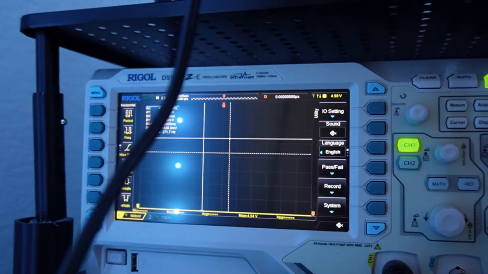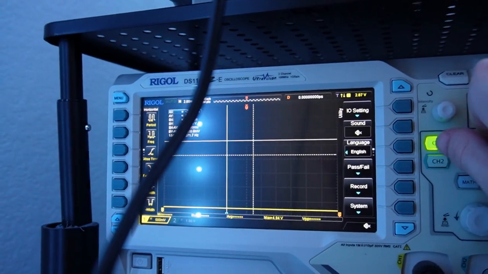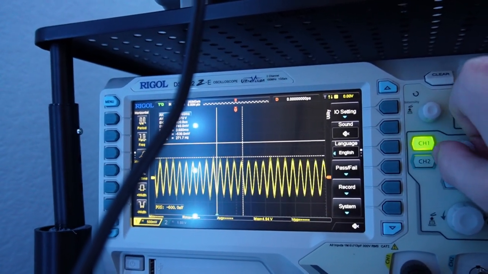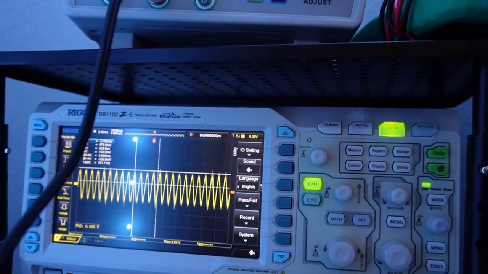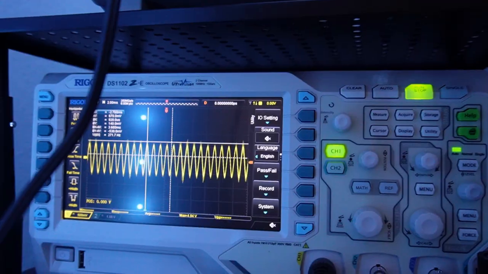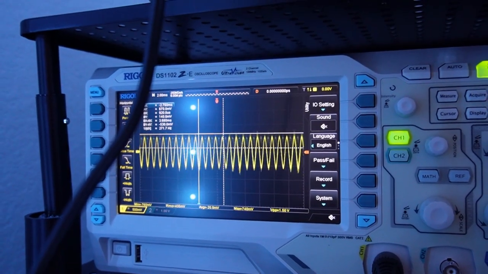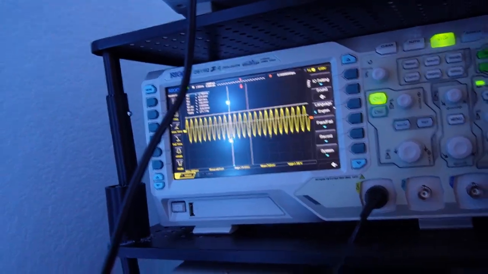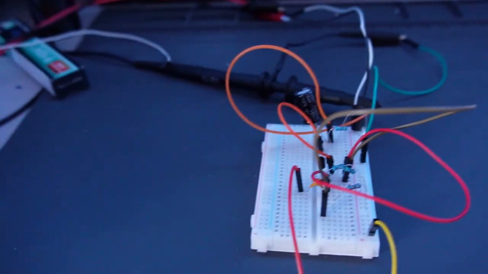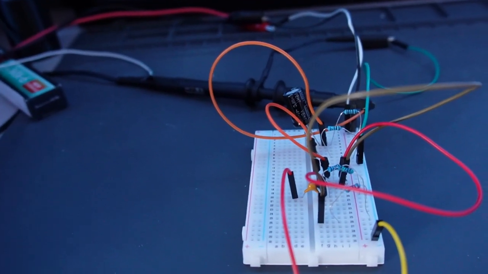Alternatively, I gotta bring this back up. Let it do its measurements. Honestly, around the same. And that somewhat makes sense because the load is identical to the collector resistor. They're both 100 ohms.